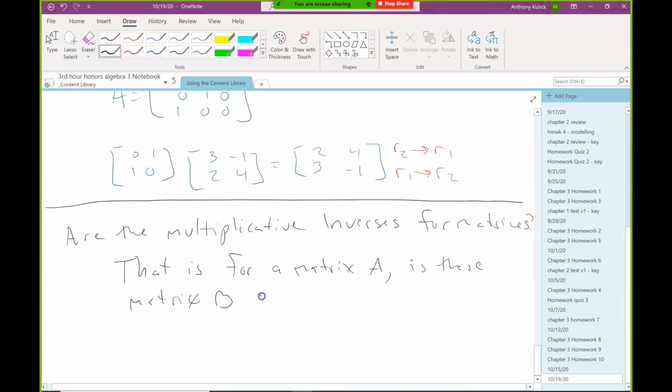I shouldn't say for any matrix A. For some specific matrix A, is there a matrix B such that A times B gives me the identity? So right away we should say no.